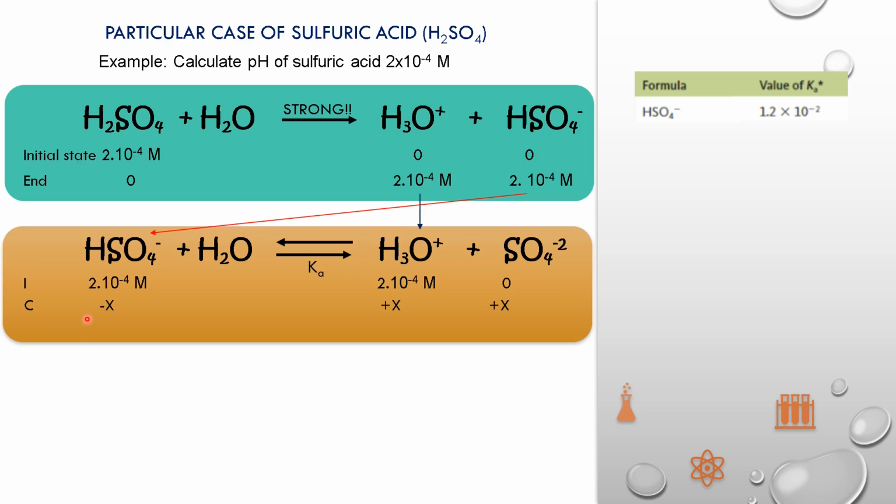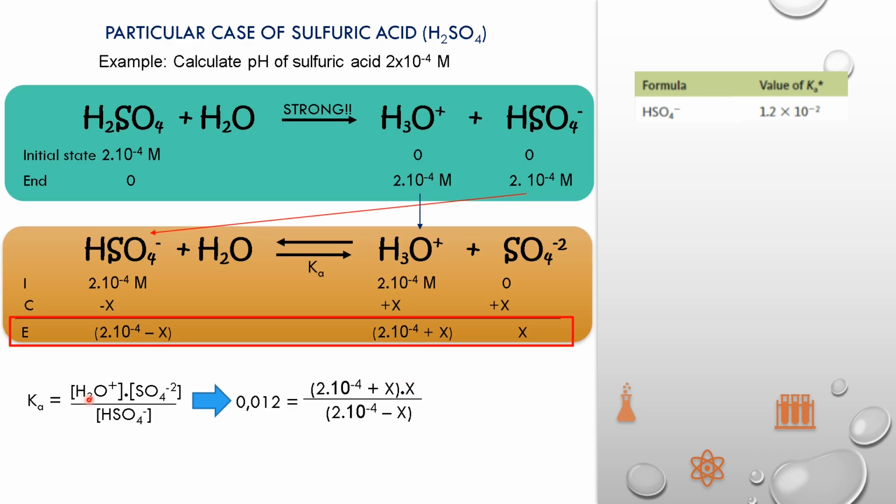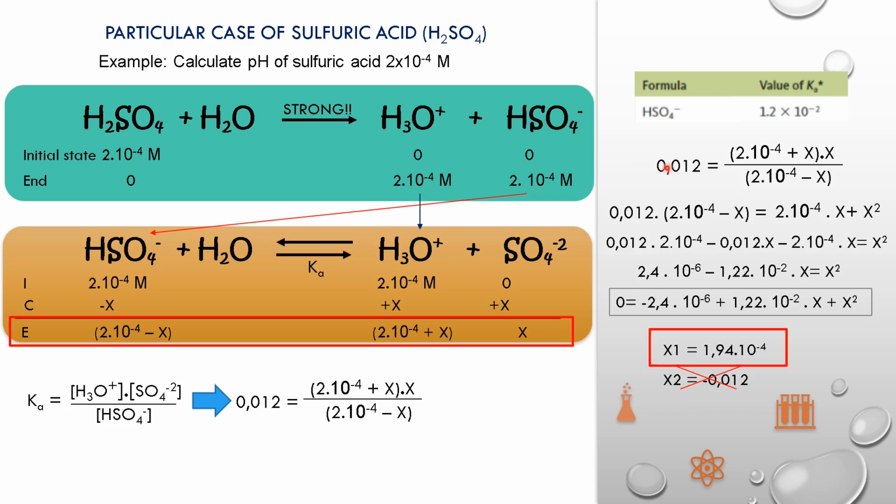Here's the change. We respect the stoichiometric coefficients. In this case, it's all 1, 1, and 1. And at the end, we have this equilibrium state. So we write the expression for K, the equilibrium constant, and we take the values from the last equilibrium state to replace all these concentrations in the expression of K. Working the math, we can calculate the value of X here, and finally we calculate the pH.